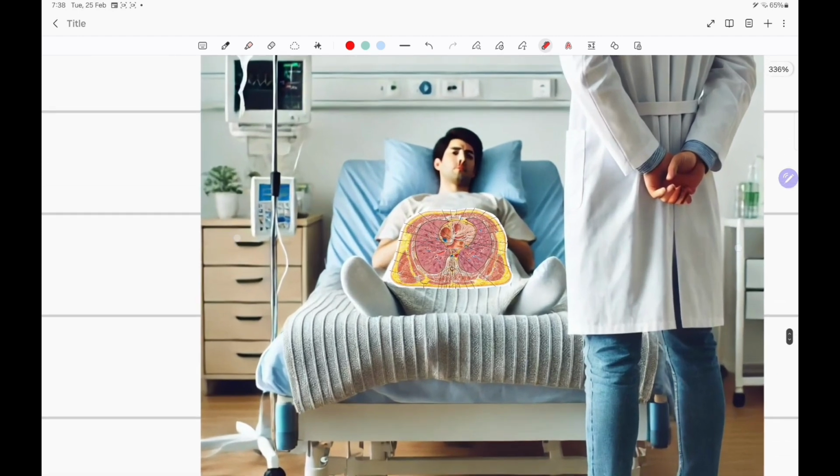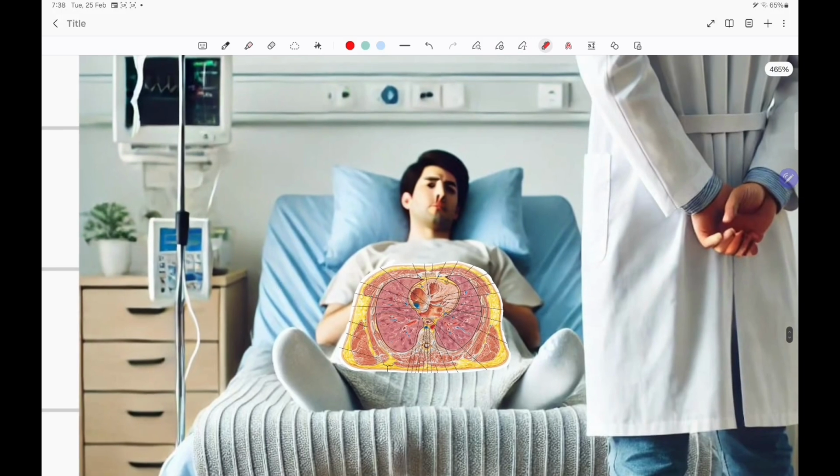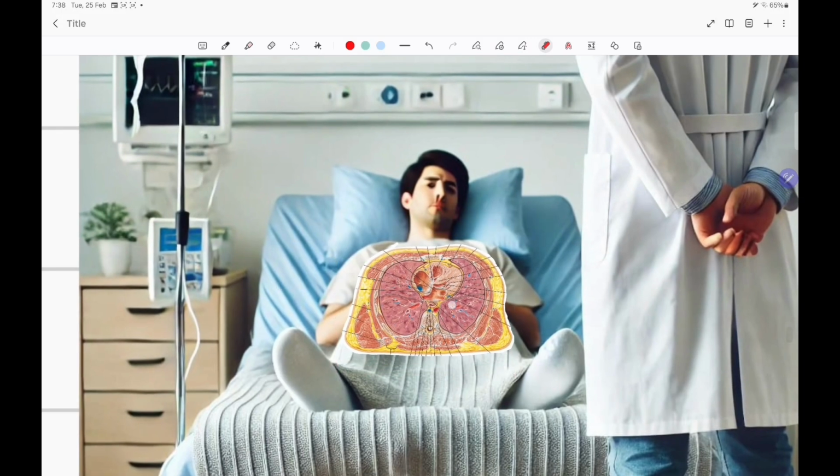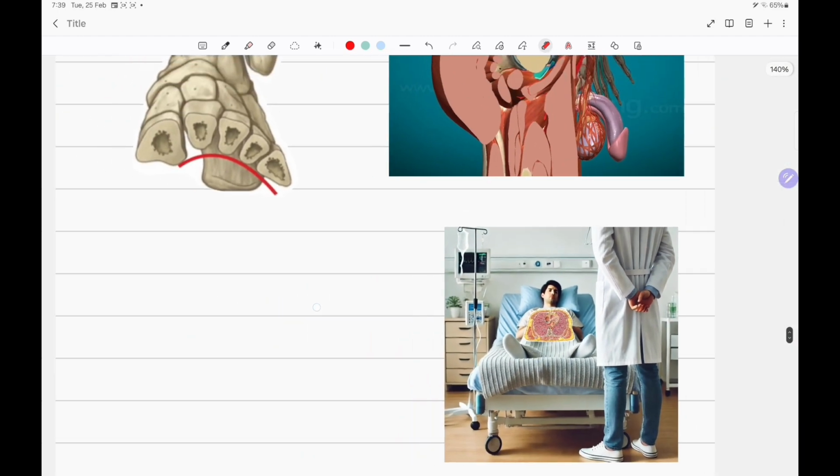This would be your point of view. You would be able to see the chest, both the lungs, and the vertebra.